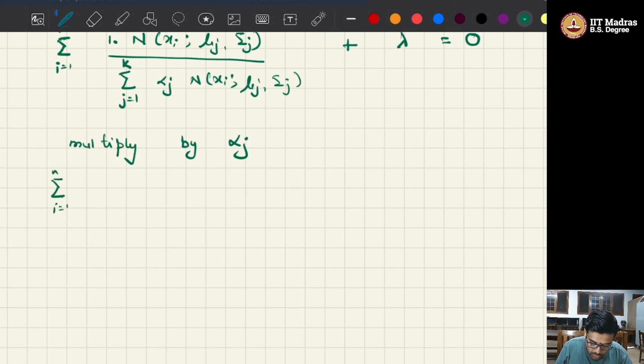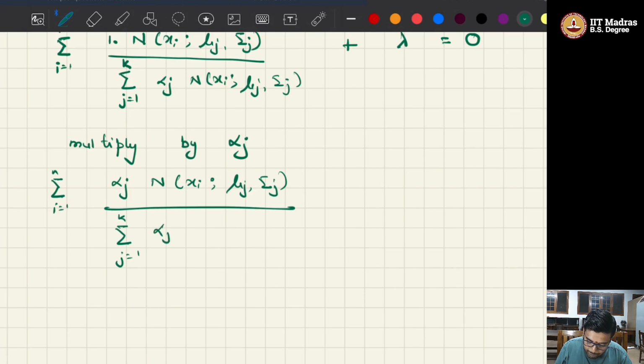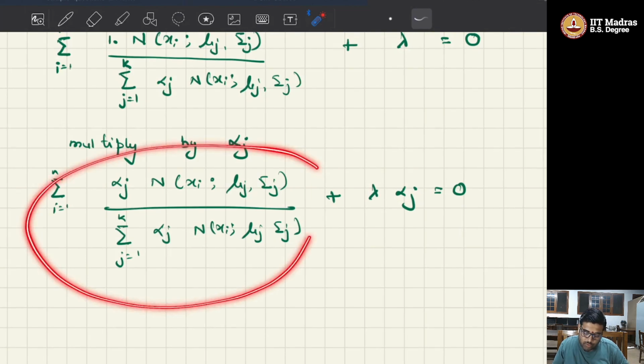So the summation i equals 1 to n of alpha j N of xi parameterized by mu j and sigma j, divided by the summation j equals 1 to k of alpha j N of xi, mu j, sigma j, plus alpha j lambda equals 0.